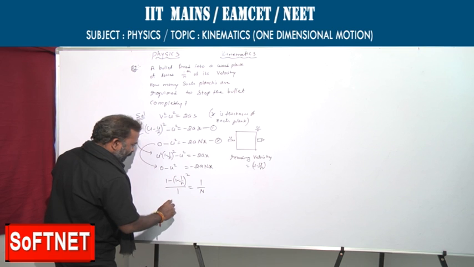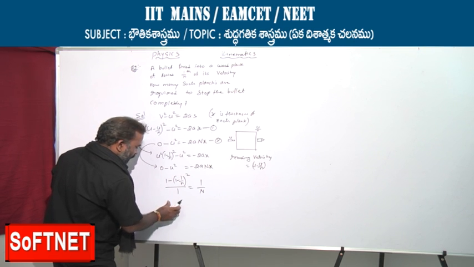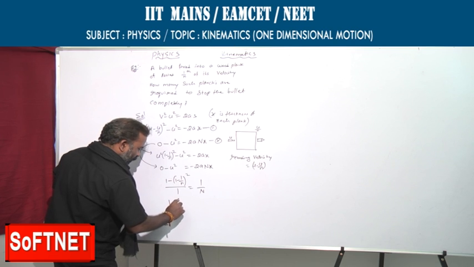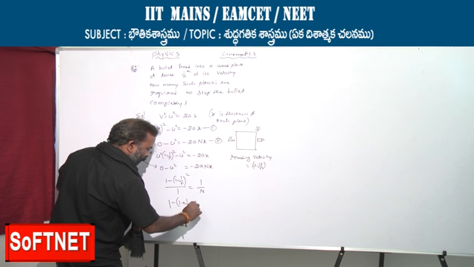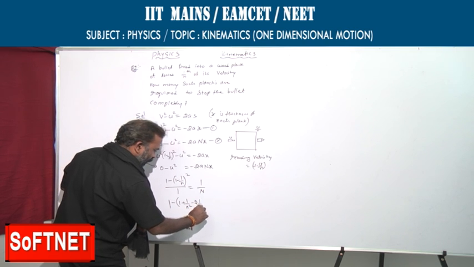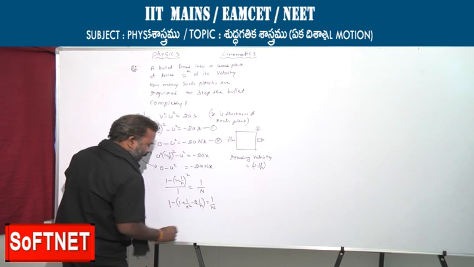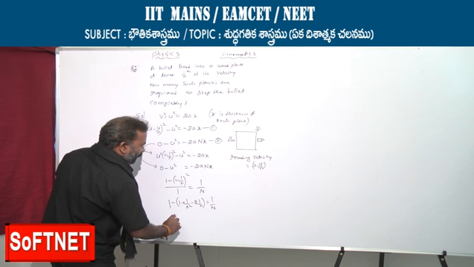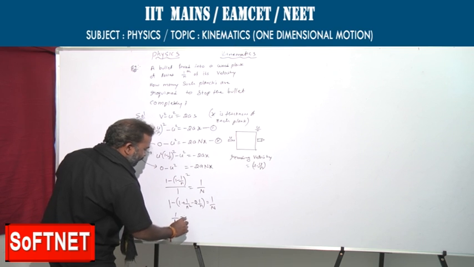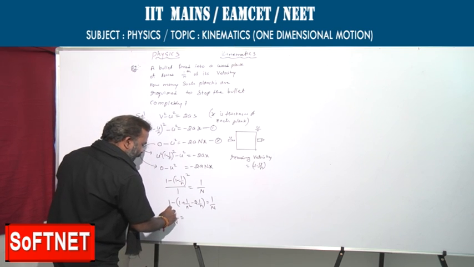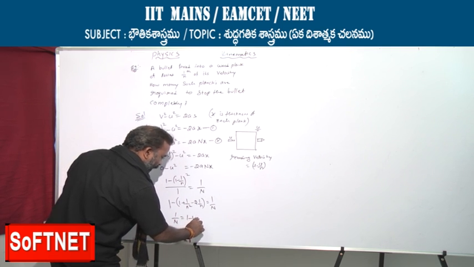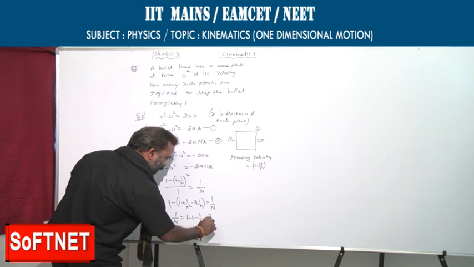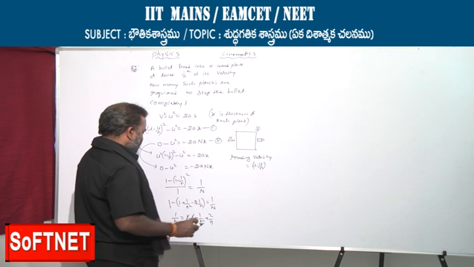So simply, capital N is equal to what now? Simplifying, what do we get? 1 minus of 1 plus 1 by n square minus 2 into 1 by n is equal to 1 by capital N. Now let's simplify. What is the value of 1 by capital N? Multiplying the minus sign inside, 1 minus 1 minus 1 by n square plus 2 by n. -1 plus 1 cancels.